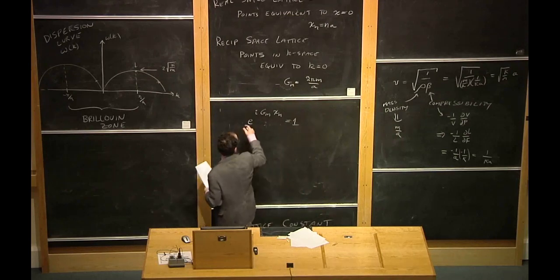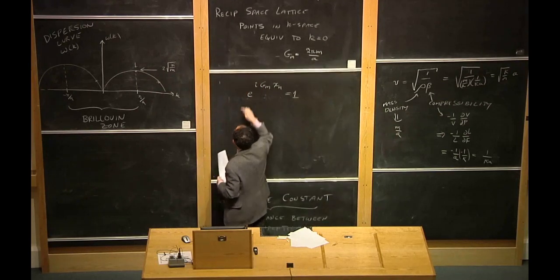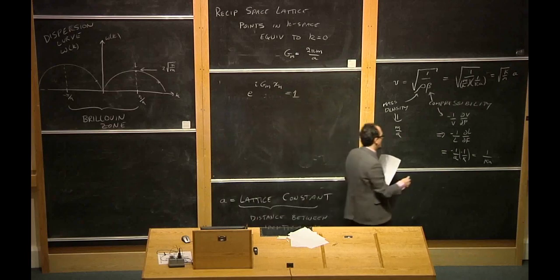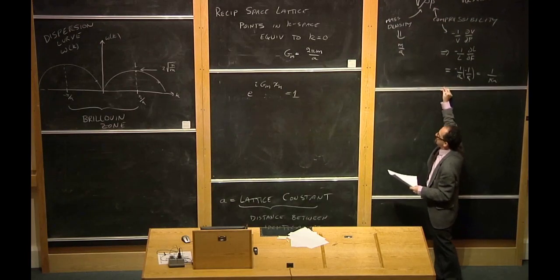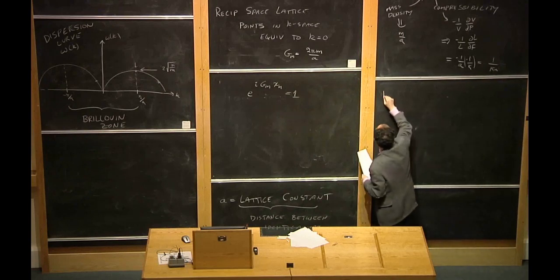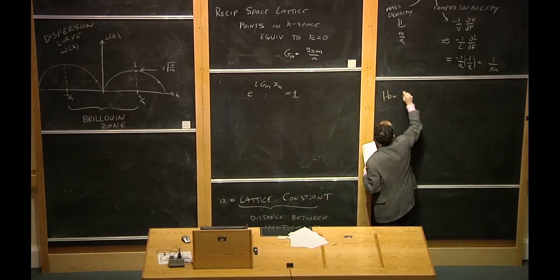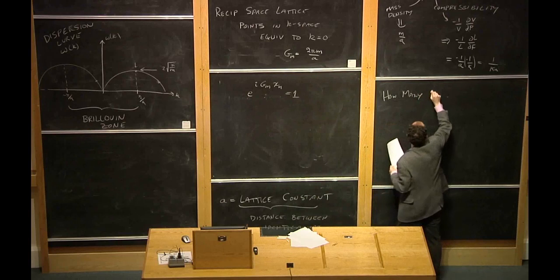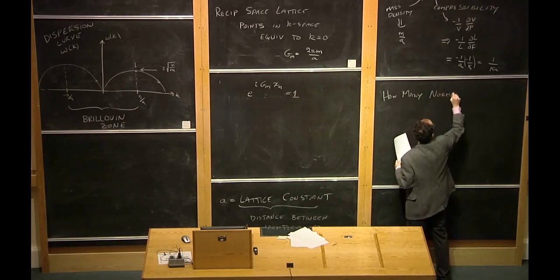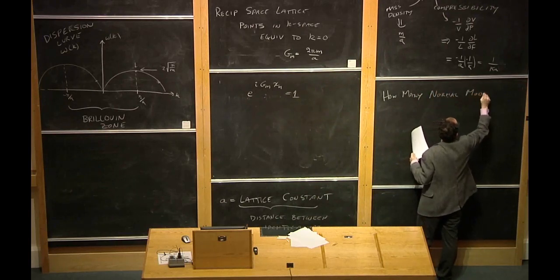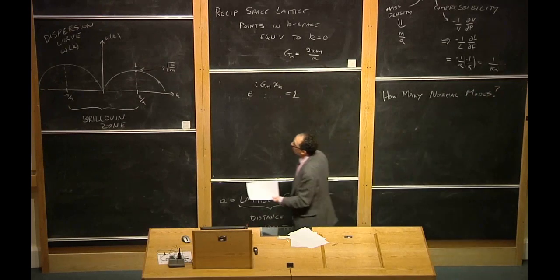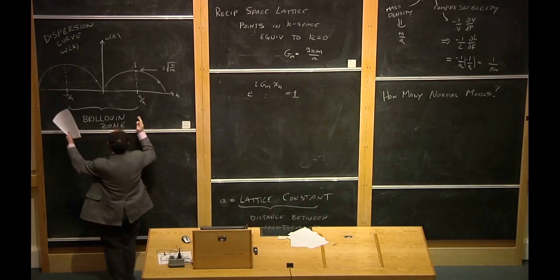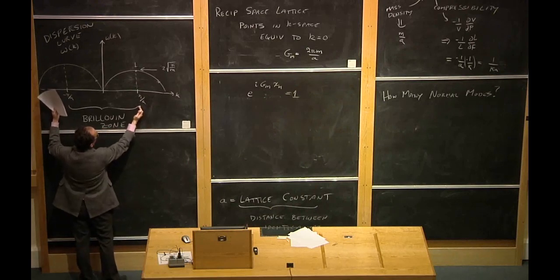So one thing that's actually really useful for us to do at this point is to count the total number of waves that we've enumerated. We've solved for normal modes of the system, so how many normal modes do we have? Well, if we're counting different normal modes, we only have to look within the Brillouin zone.